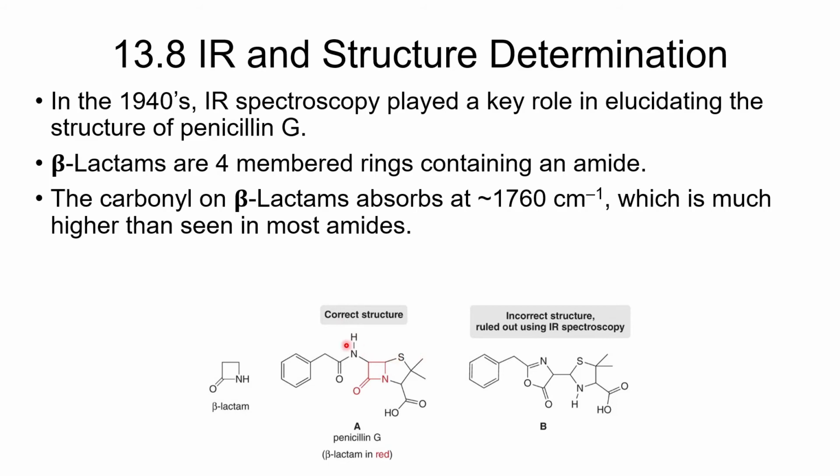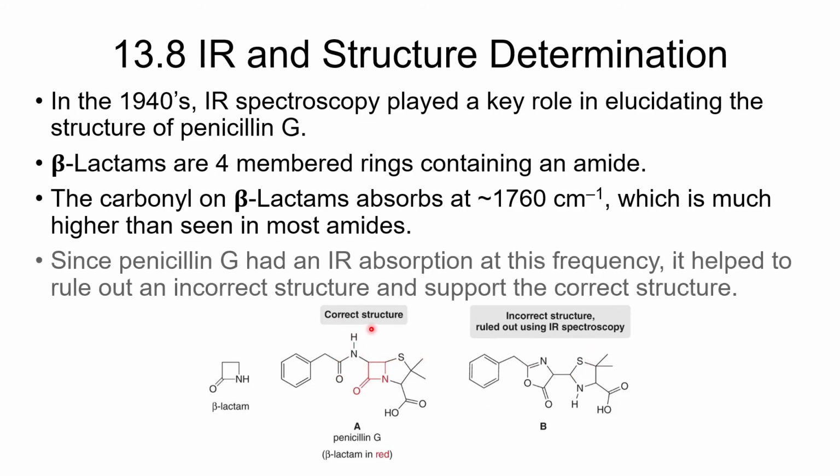And so they were able to rule this structure out and determine that it was this, that's kind of cool. So that was one of many things that they were able to determine doing this. And most often when we're using this in organic chemistry, we're using it to determine what functional group is present. And if we can determine what functional group is present, we can rule out a whole bunch of other possibilities.